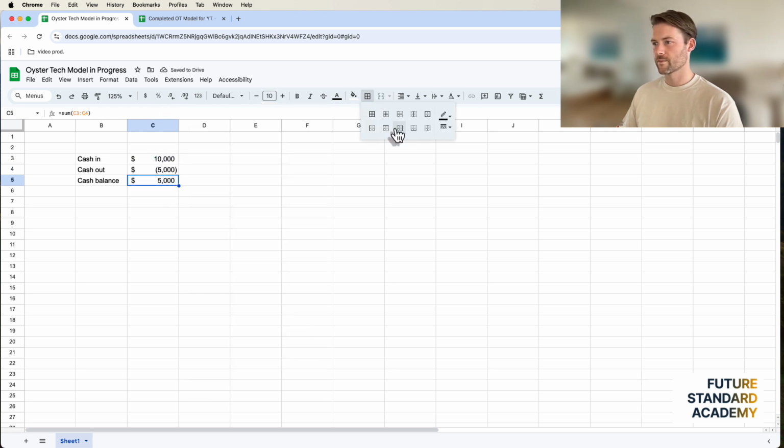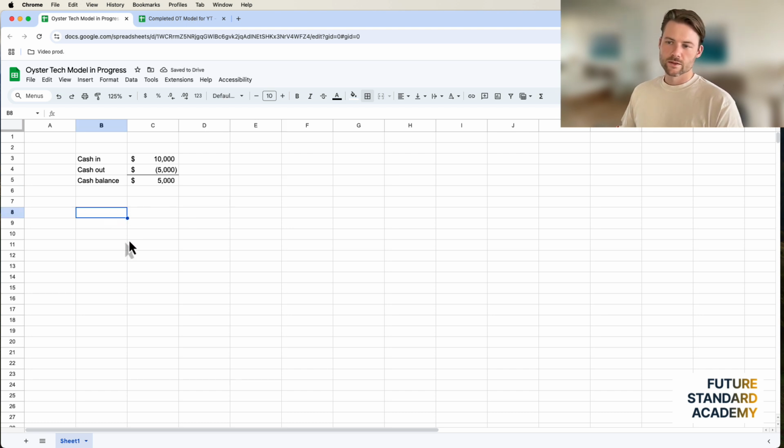That's going to be tricky. Okay. So cash balance at the end of all this would be $5,000. Cool. But obviously insufficient.